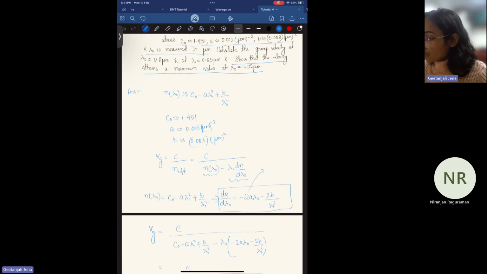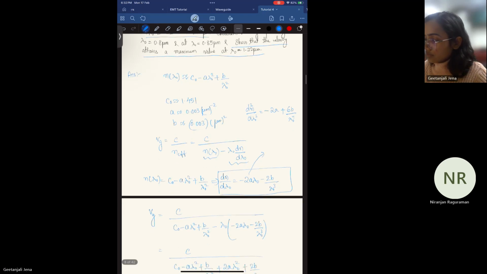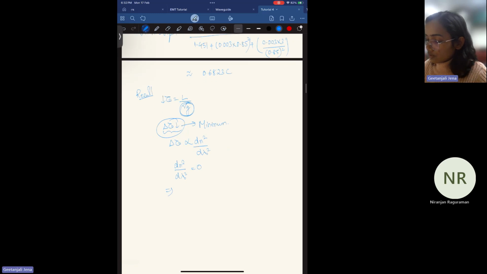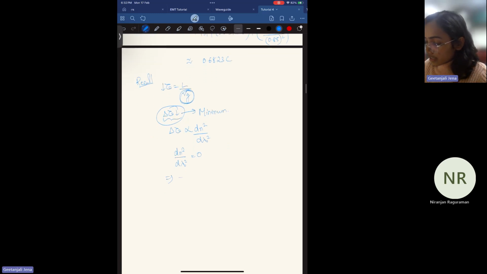This is dn over d lambda, so d square n over d lambda square will be minus 2a plus 6b over lambda 0 to power 4.